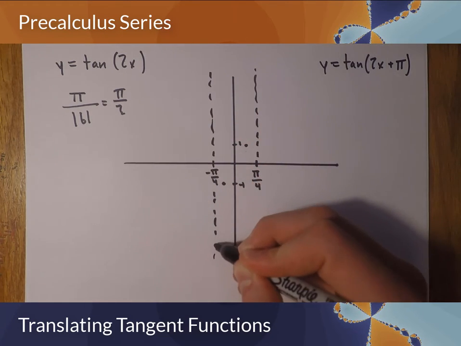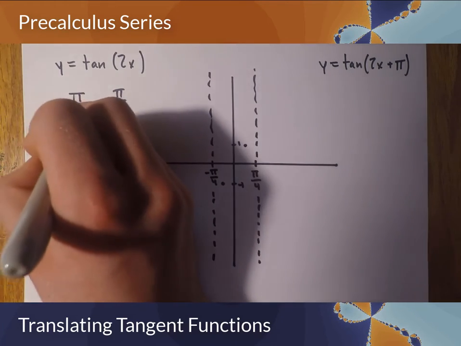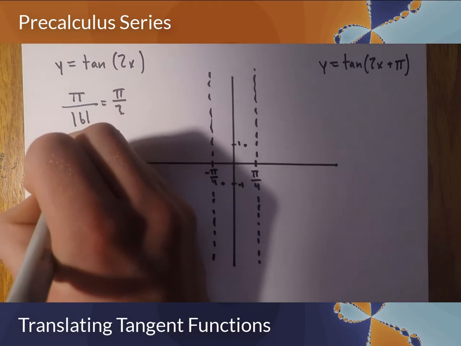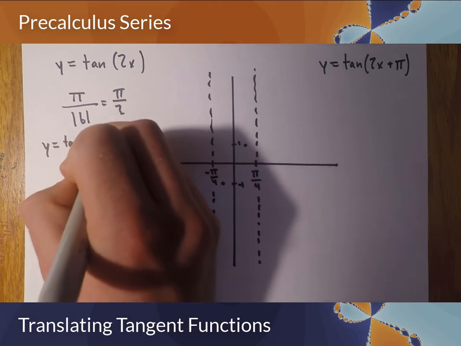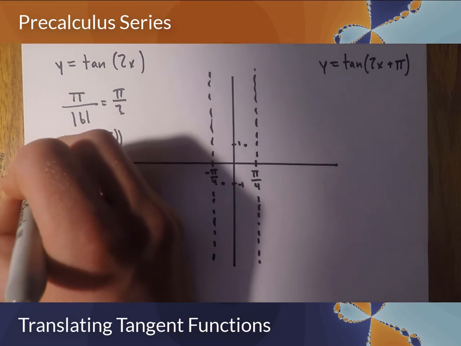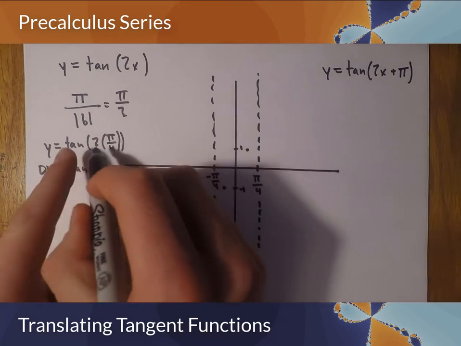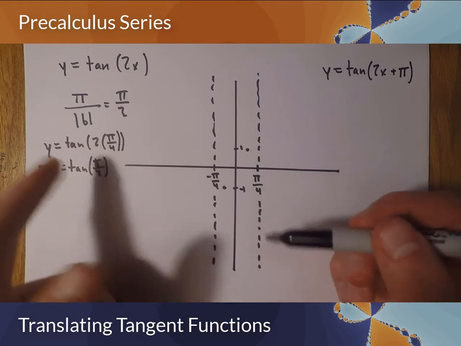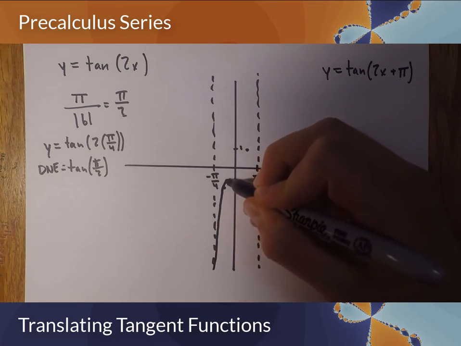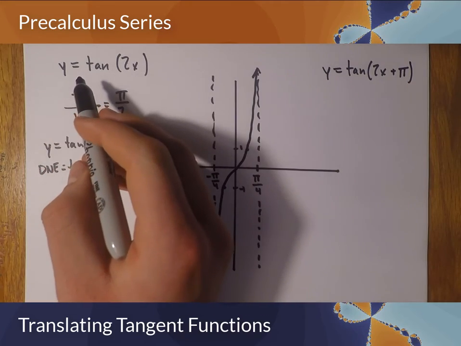If you're skeptical of that, you can plug in tangent of 2 times pi over 4, and you'll get tangent of pi over 2, which doesn't exist, because with that 2 in there, you get pi over 2 when you put in the value pi over 4. So now you just graph it like that. And there you go. You have y equals tangent of 2x.